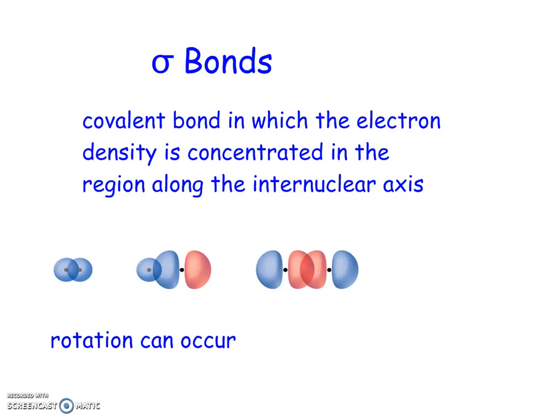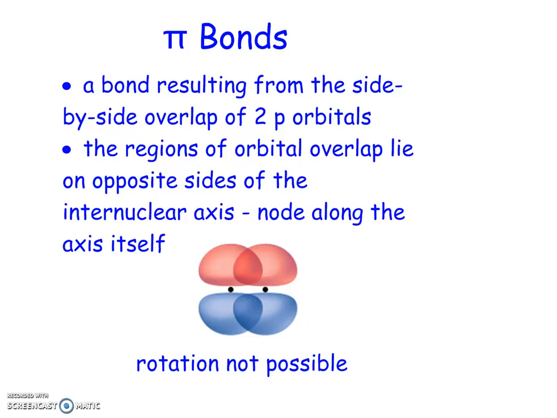The other type of bond is called a pi bond, and a pi bond results from the side-by-side overlap of two p orbitals. We can't have a pi bond with an s orbital. It has to be two p orbitals. If I look at the internuclear axis, along that axis there is a node, a place where there are no electrons existing.